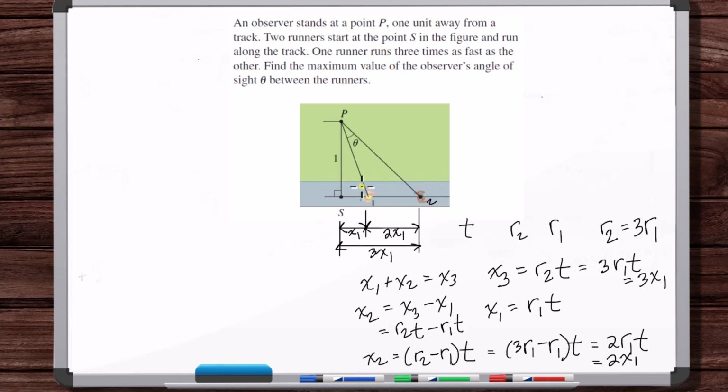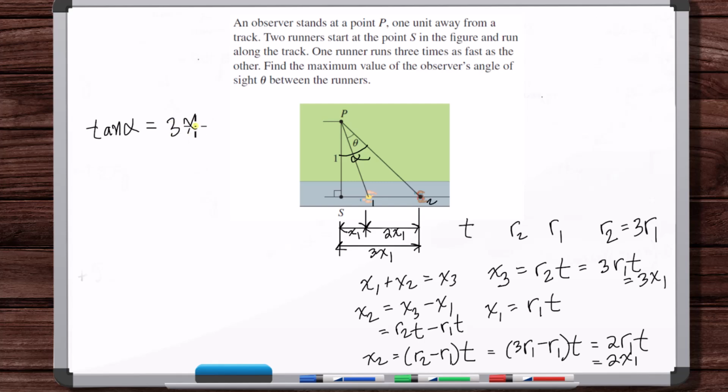Okay, so it would be nice if this theta was already in a right triangle, but it's not. And so we're going to need to relate theta to this bigger right triangle here. So let's call this alpha. Now with that, we can say opposite over adjacent: tangent of alpha is equal to opposite, which is 3x1, over adjacent, which is 1.